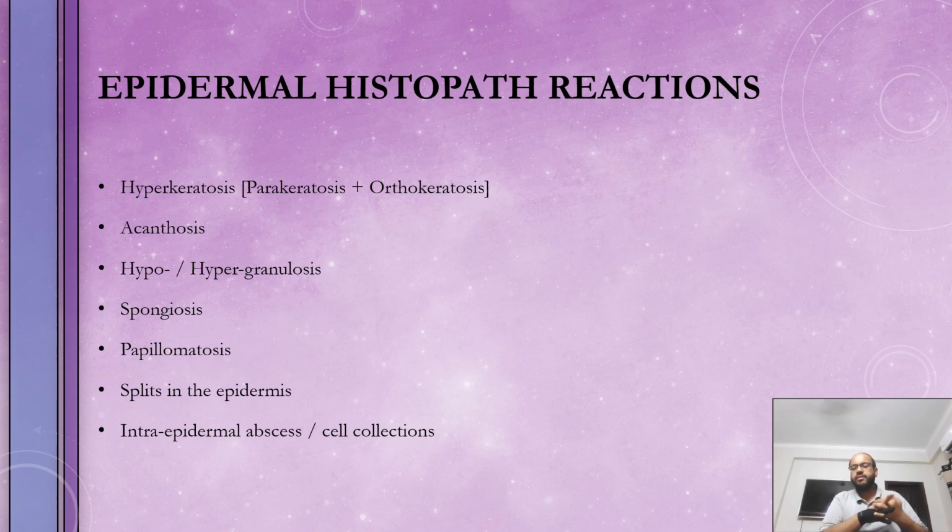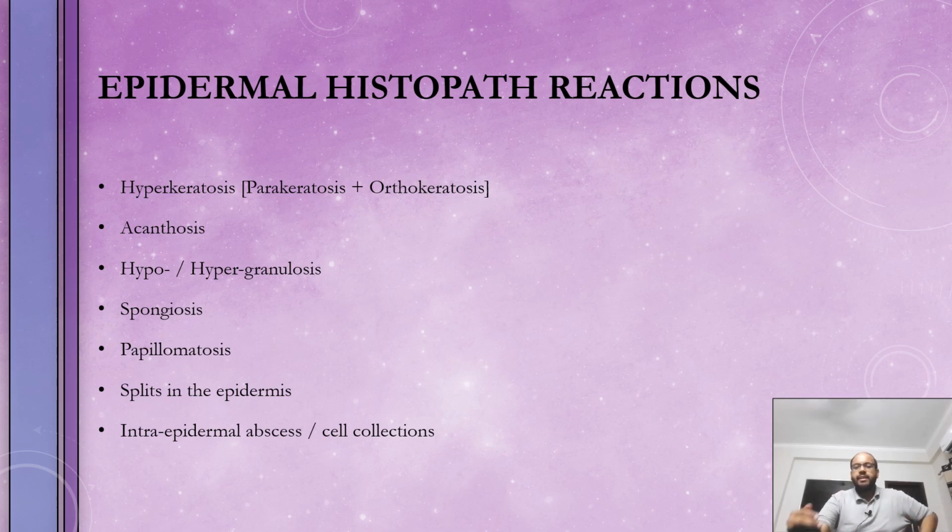So you must have heard of psoriasiform reaction pattern, vesiculobullous reaction pattern, interface dermatitis, vasculopathic reaction pattern, granulomatous reaction pattern. These are all groups of findings on a biopsy that point you towards a certain set of disorders, or how the skin is reacting to a pathology. So there are epidermal reaction patterns, dermal reaction patterns, mixed reaction patterns, but we'll focus our discussion on the changes in the epidermis.